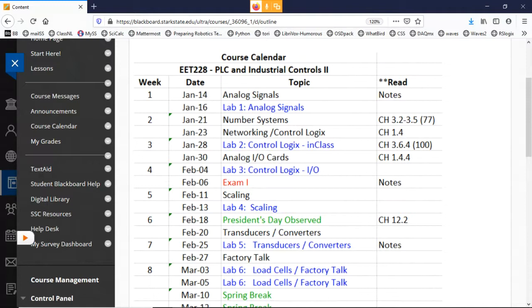Then we looked at number systems, including binary to decimal or binary to hexadecimal. And also we talked about 2's complement. So remember that the way we store a negative number is by doing the 2's complement. The reason for that is that instead of subtracting, we can actually just add.